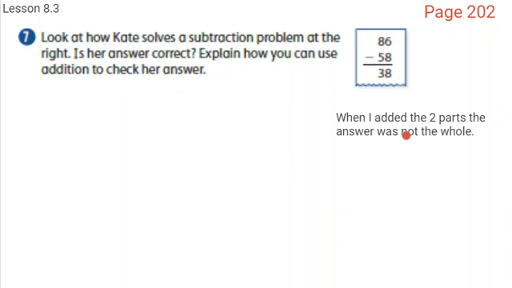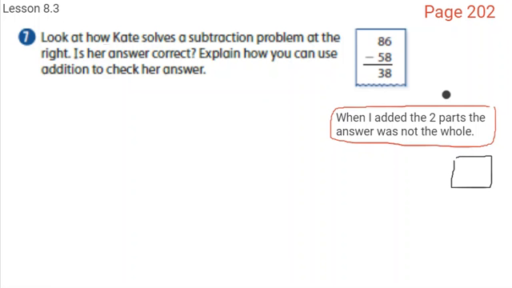Okay, so I have a clue here. It says here, when I added the 2 parts, the answer was not the whole. So, wait a minute, how do I do that? Again, number bond. Let's look at this. So this is the whole. That's a part, and that's a part.